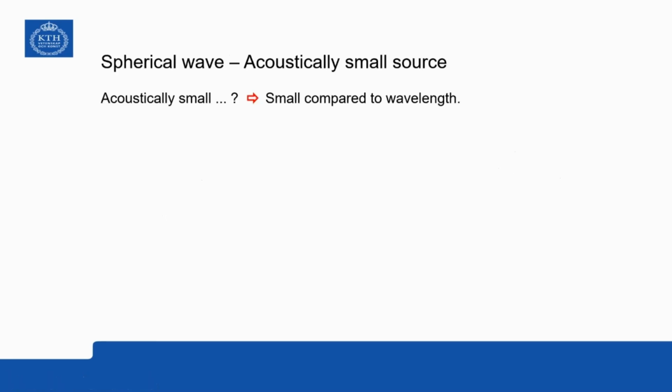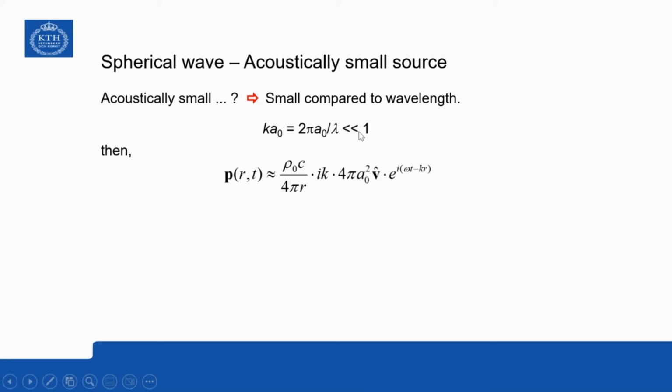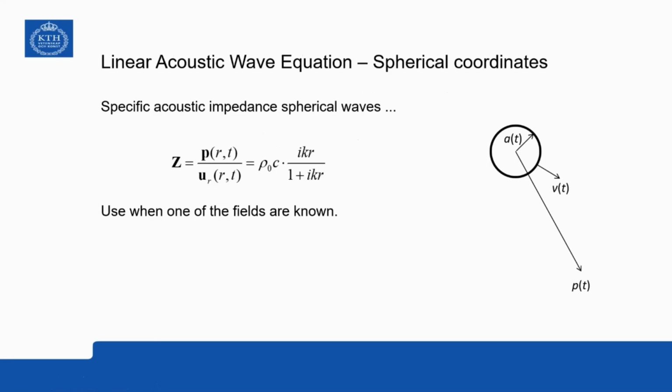So if the source becomes acoustically small, the radius becomes small compared to the acoustic wavelength. That means then that the wave number times the typical radius of the source must be significantly smaller than 1. So that means that this term in the denominator here can be neglected compared to the 1 here.